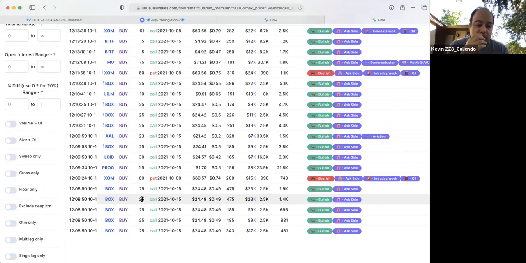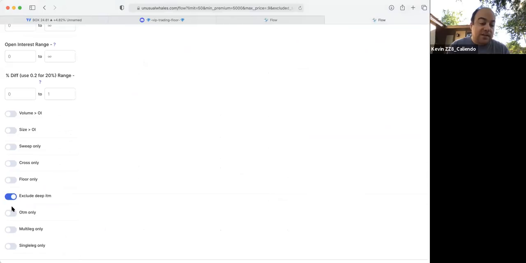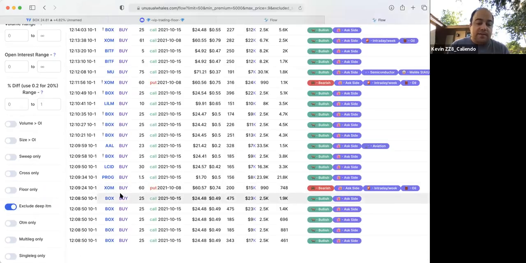I'm not really that interested in deep in the money contracts. In fact, you can actually just turn those off, and my settings usually get rid of most of those.